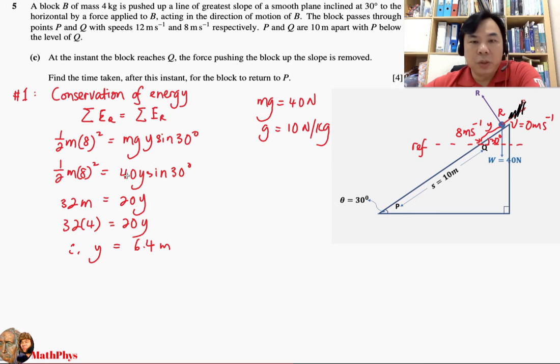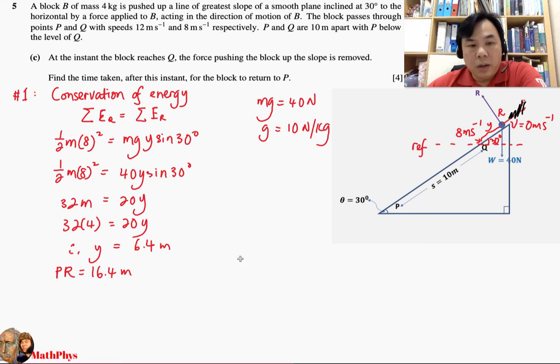So we're going to use the SUVAT equations to find out the time here. Since we know the y is 6.4, the total distance from R to P, so PR now, would be 16.4 meters.